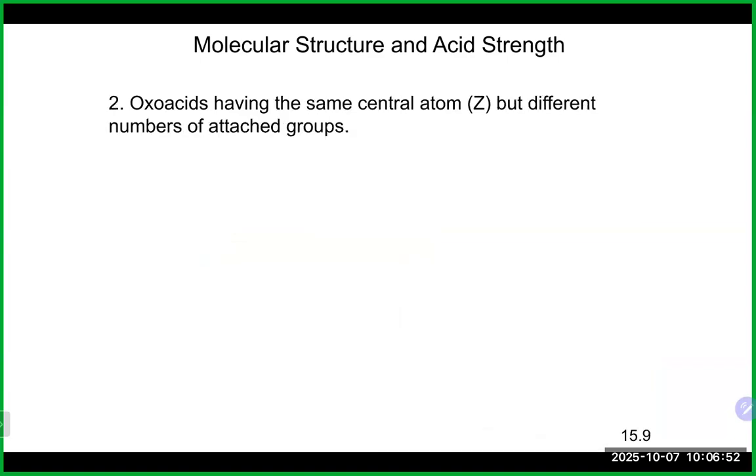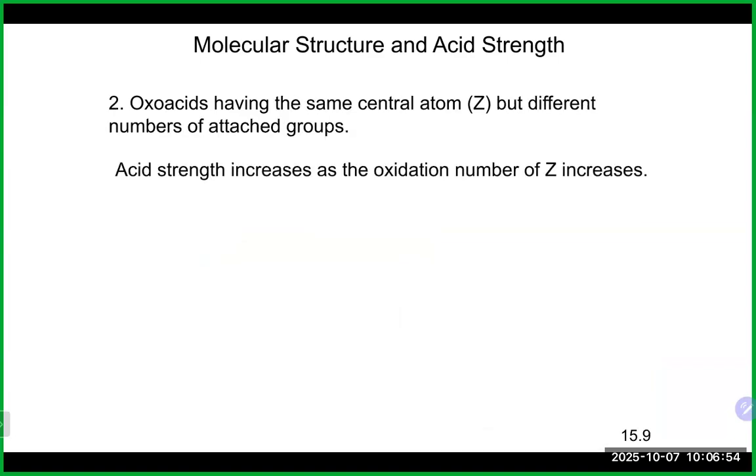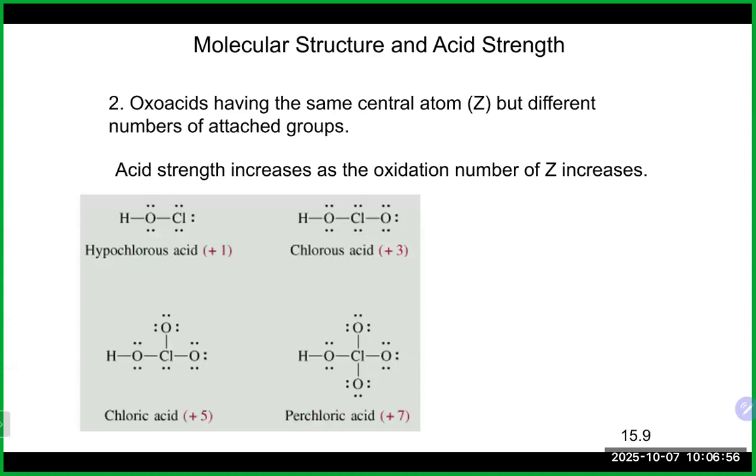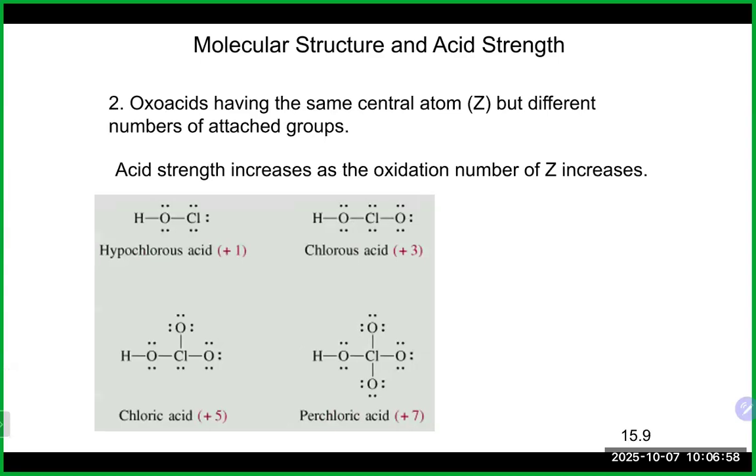Now, what is the opposite situation? The opposite situation is where we have the same element as the central atom, which means they would obviously have the same electronegativity value, so we cannot use electronegativity as our source of comparison. In all these cases the central atom is chlorine, so we go by oxidation number.